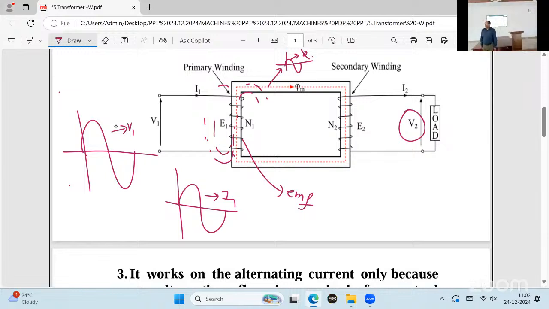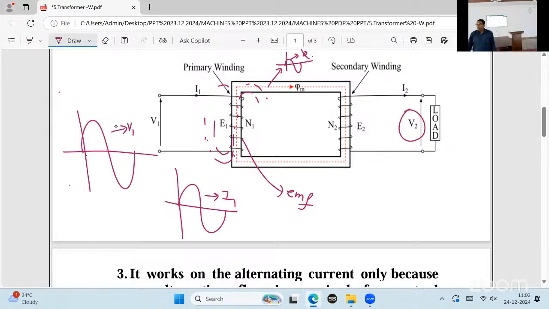How did you get flux? From the primary winding, I've taken it from the primary winding. Where was the flux first produced? At the primary. I've taken it from there. The flux links the coil. Clear? Next one.